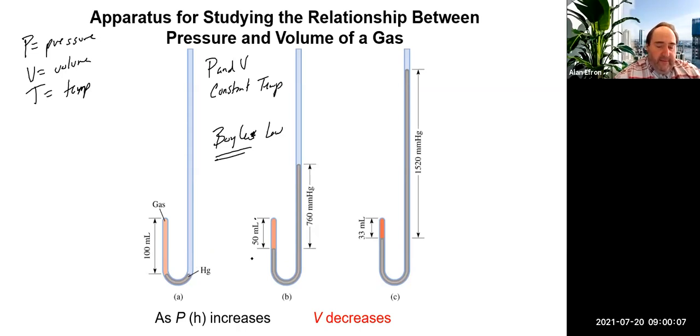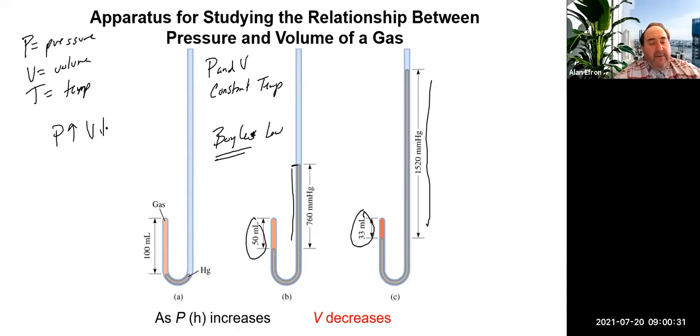When we go to 50 milliliters, the mercury starts to rise, so we have a much bigger pressure. And when we get to a smaller volume of 33, we see an even bigger rise in the pressure. So the relationship is an inverse relationship. As the pressure goes up, the volume goes down, and as the pressure goes down, the volume goes up. That's really Boyle's law.